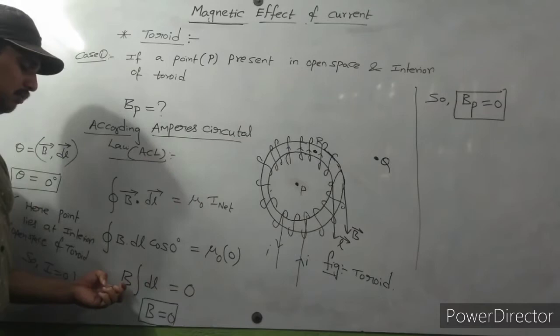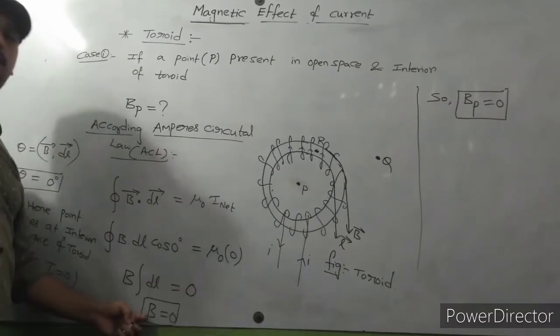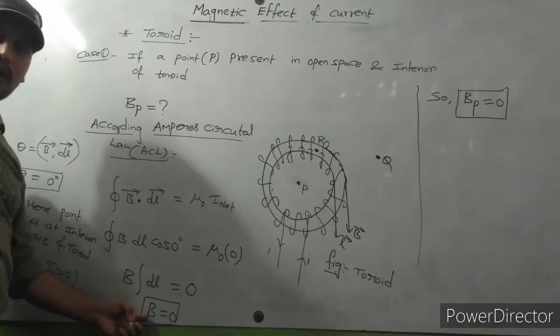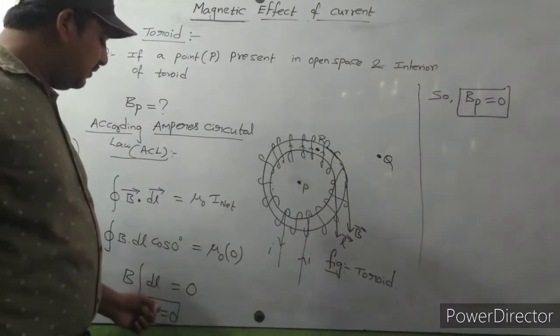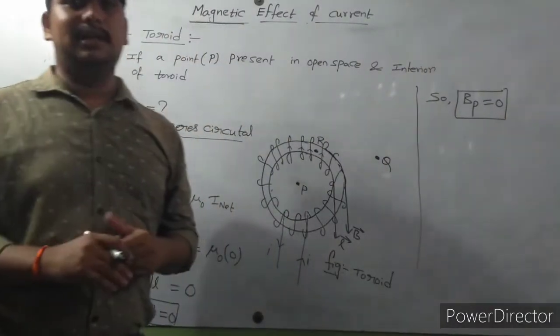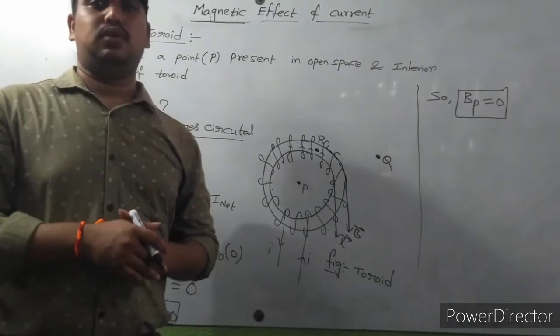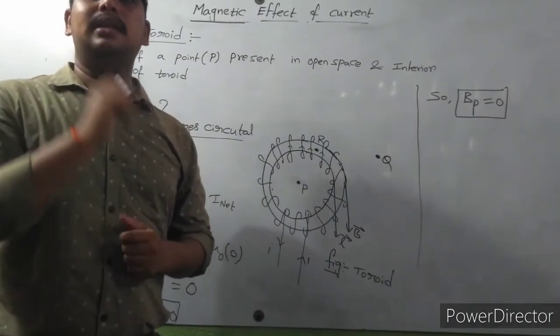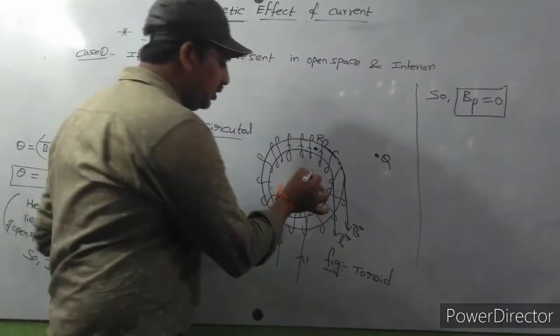You know already I want the B value, then this L moves to the other side, which means we will get B is equal to 0. So what is the magnetic field at this point P? Magnetic field at that point P is equal to 0. If any point lies in open space and the interior of toroid, then the magnetic field at that point is 0.